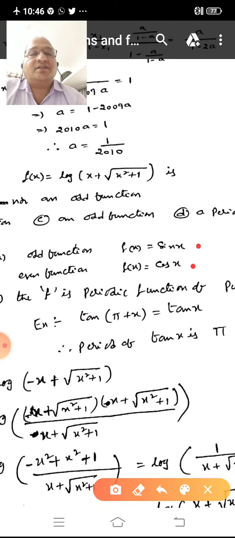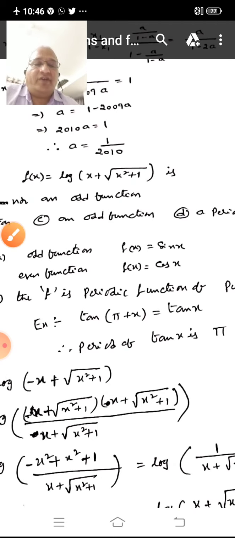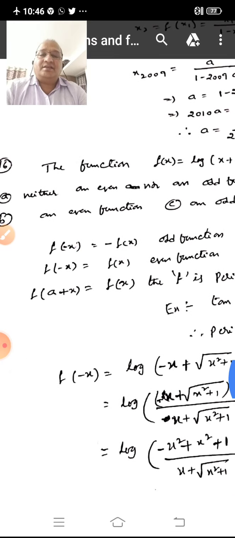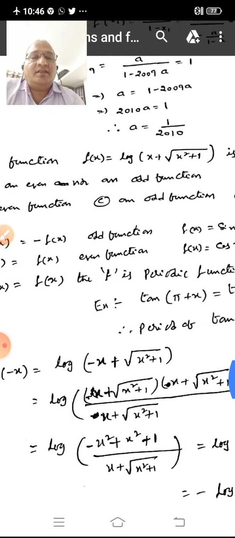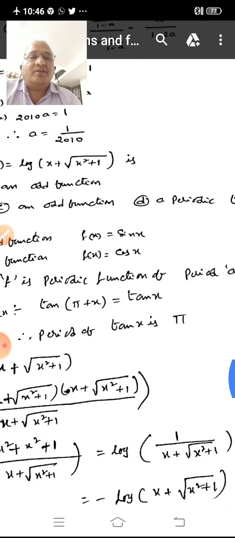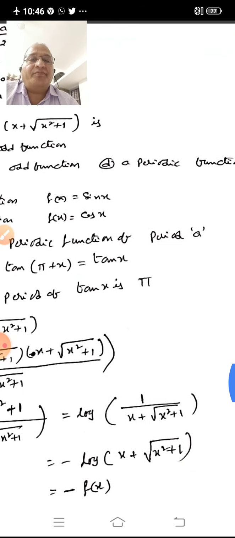So sin x is an example for an odd function, and cos x is an example for an even function. I define one more function, which I hope you never listened to in classes. That is f of a plus x is equal to f of x. Then f is a periodic function with period a.